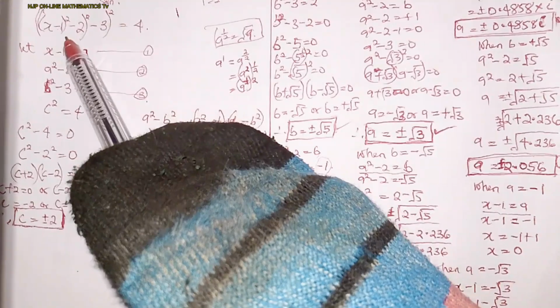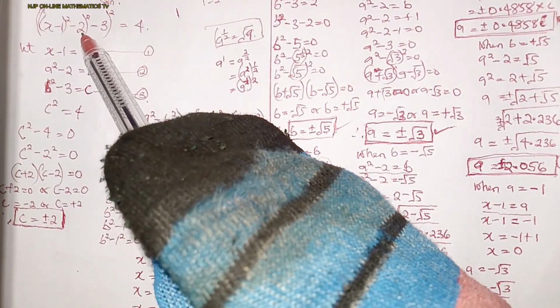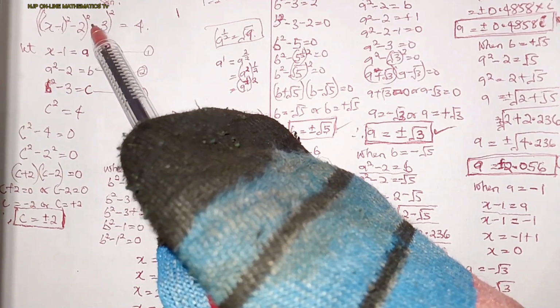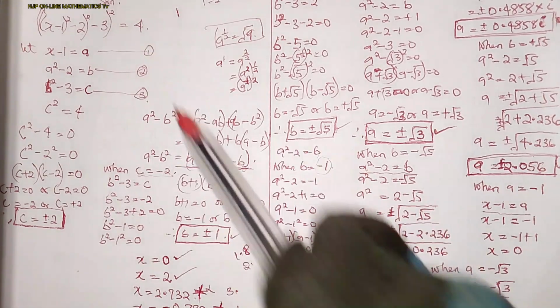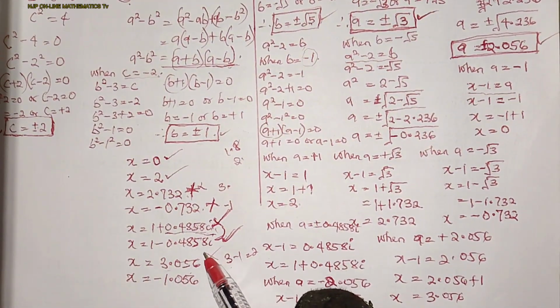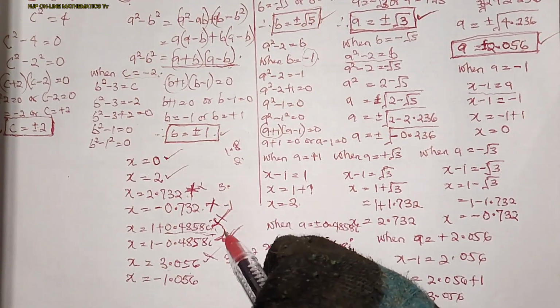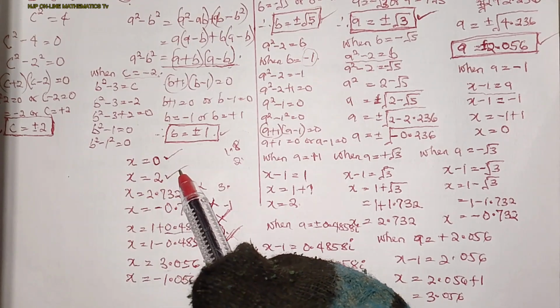We've just done that here. 2 square is 4, 4 minus 2 is 2, 2 square is 4. If we remove 3 from it, we have 1, 1 square is 1, which is not equal to 4. Therefore, this cannot satisfy our value of x. Take note, all these values have not satisfied our equation. We only have that x equals 0 or x equals 2.